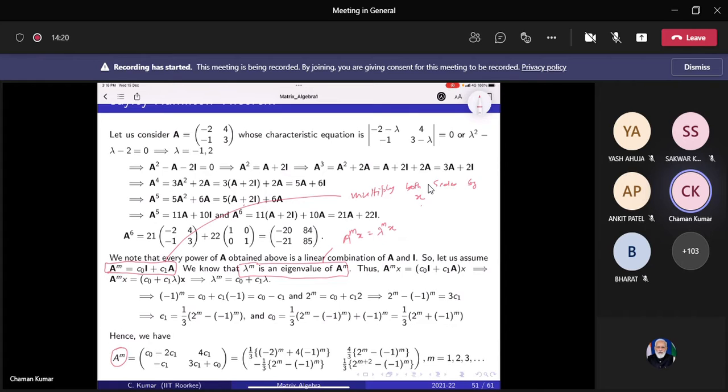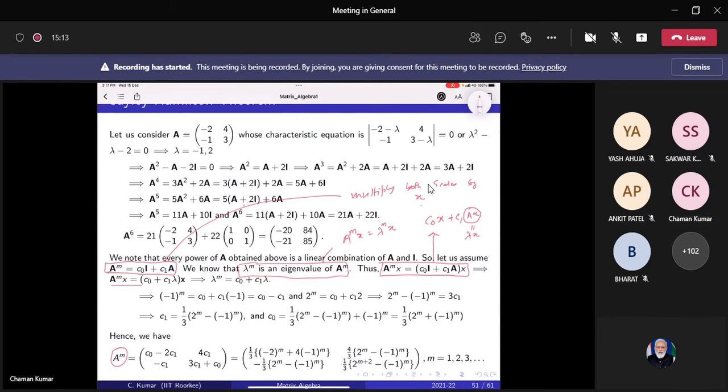On the left hand side, you get A^m x, and on the right hand side, you get (C0 I plus C1 A) times the vector x, which can be written as A^m x, left hand side remains the same, and you can bring this vector x inside, so you get C0, I into x is x, and the second term is C1 Ax, but Ax is lambda x, because lambda is an eigenvalue of the matrix A, right?